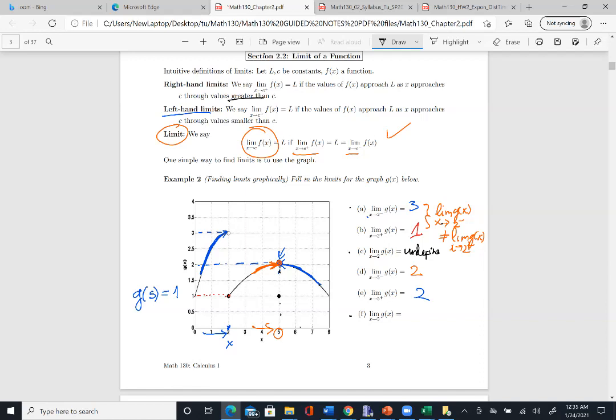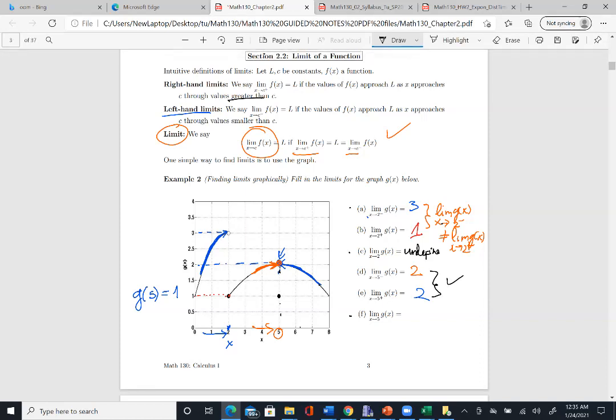You will see the left hand side equal to 2, the right hand side also equal to 2. So they equal each other, then it's satisfied for the definition of limit over here, and in this case we can just write as equal to 2.